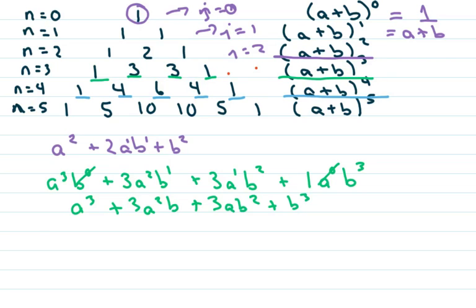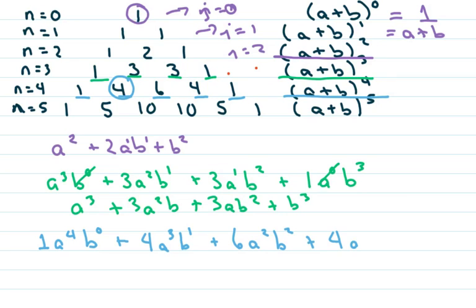So it's going to be 1 a to the 4th b to the 0, plus now I'm using 4, 4a cubed b to the 1, plus 6a squared b squared, plus, back down to 4, ab cubed, plus 1 a to the 0 b to the 4th. And that's just using Pascal's triangle.